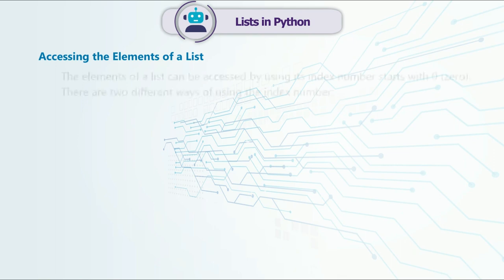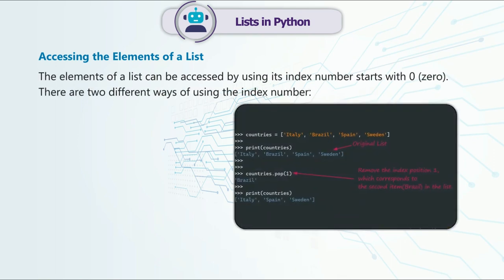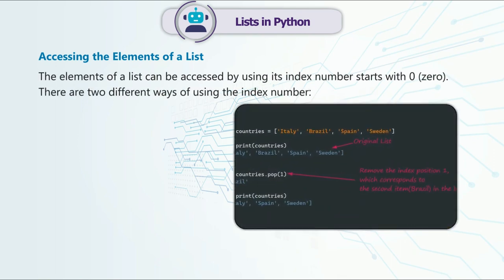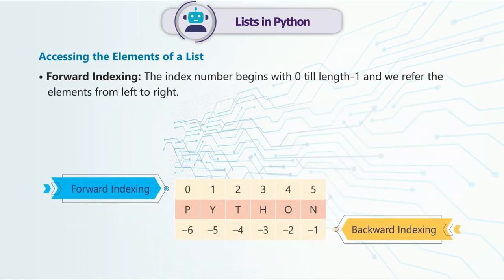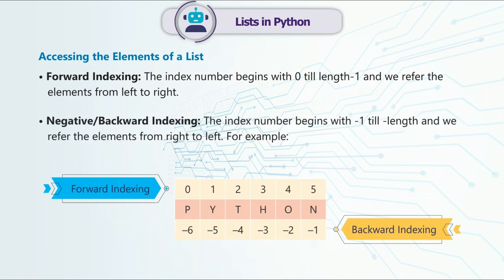Accessing the elements of a list. The elements of a list can be accessed by using its index number, which starts with 0. There are two different ways of using the index number. Forward indexing: the index numbers begin with 0 till length minus 1 and we refer to the elements from left to right.